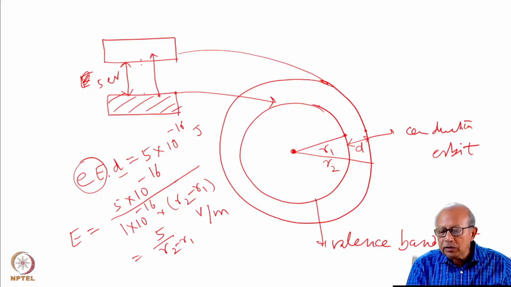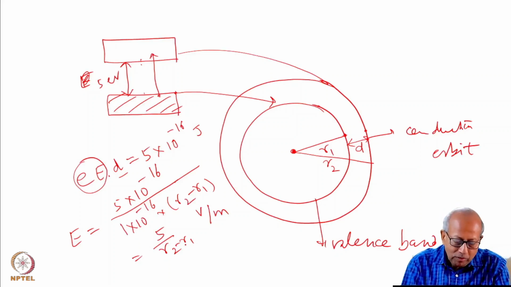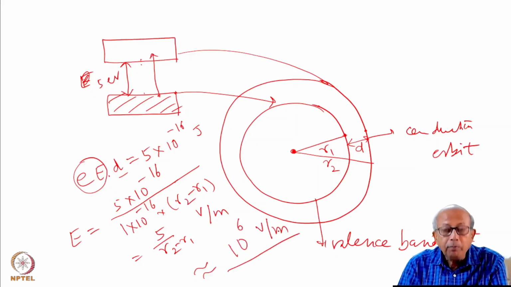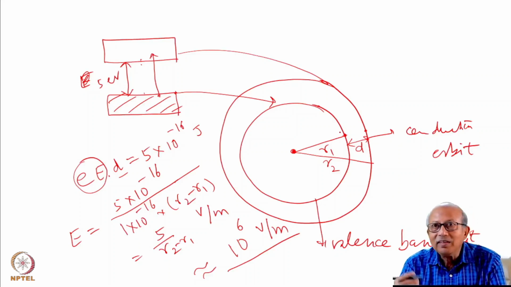For a typical insulator, from Bohr's theory you can work out r2 minus r1, and if you plug in these values, we'll see that this field comes to the tune of 10 to the power 6 volt per meter, that is million volt per meter, which is exorbitantly high, and it is impractical to apply such an enormous field and make an insulator a conductor, a metal.